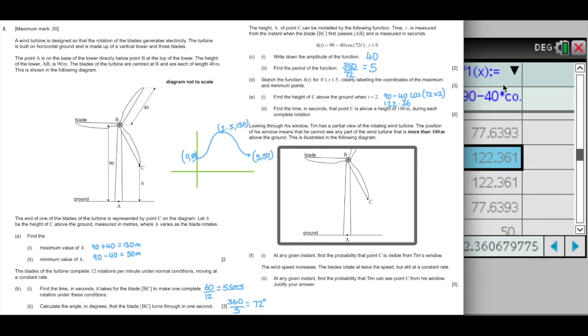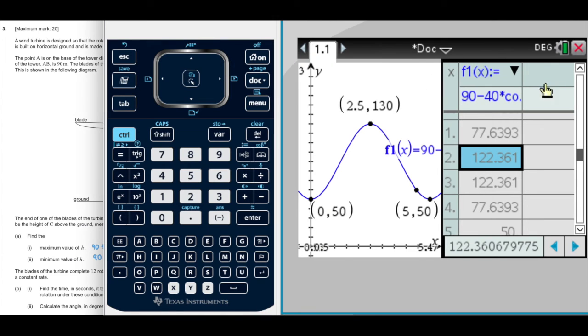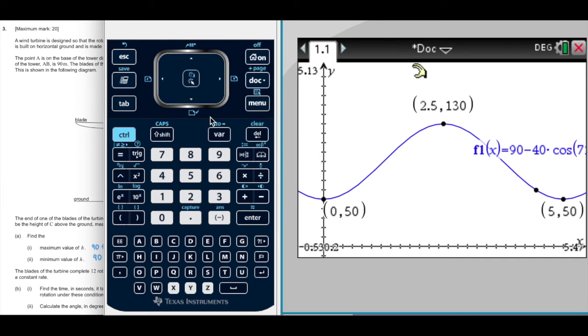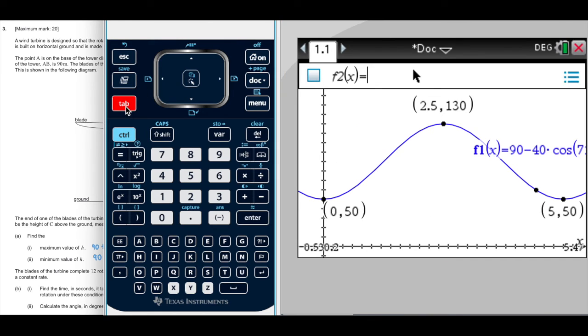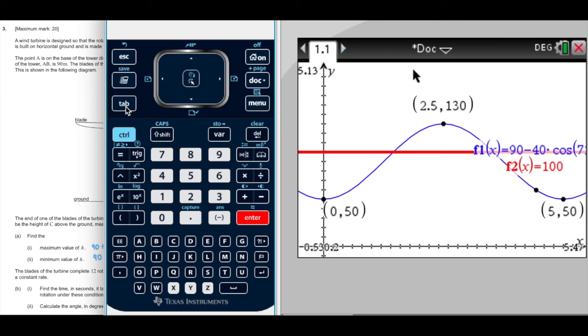And then we need to find the time in seconds that it takes when it's above the 100 meter line. So again, going back to the GDC, let's get rid of the table, so Control T. And if I press Tab, I can now draw the line of 100. And we can see that it intersects twice there.